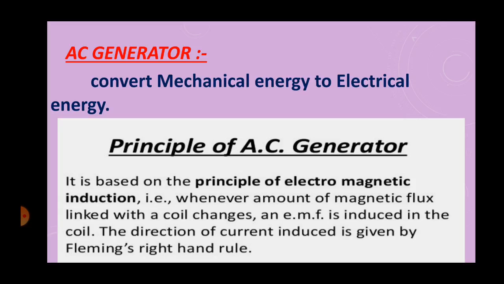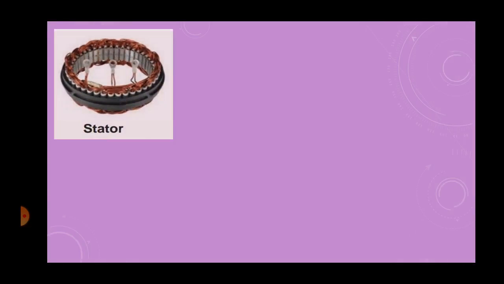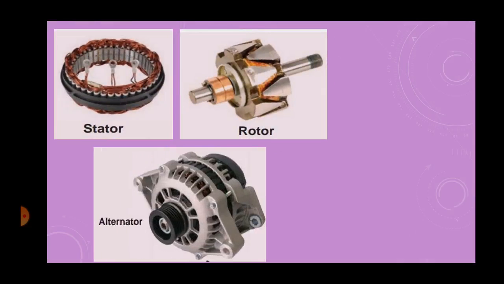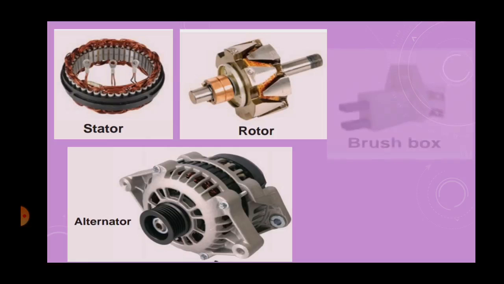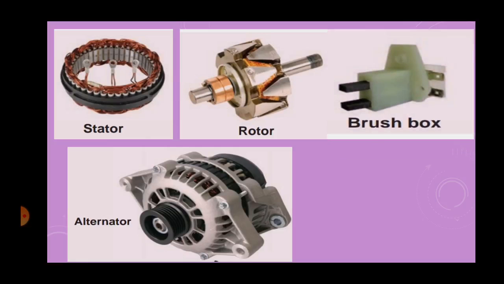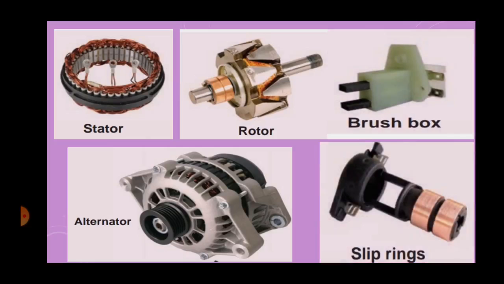Now we are going to the main parts of the AC generator. They are stator, rotor, alternator, brushes and slip ring. Here the stator and rotor are very important parts of the AC generator.